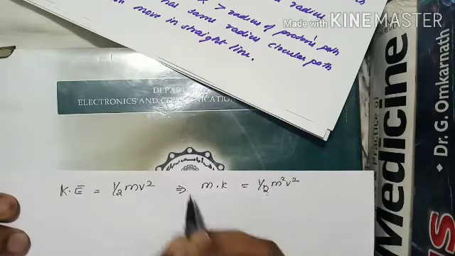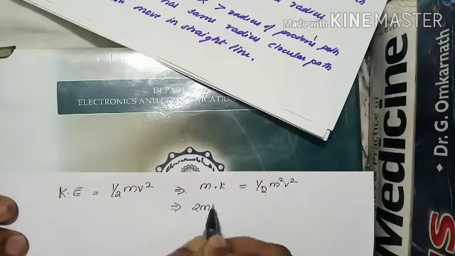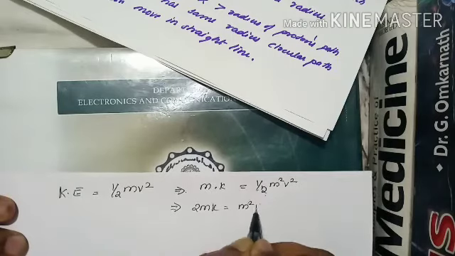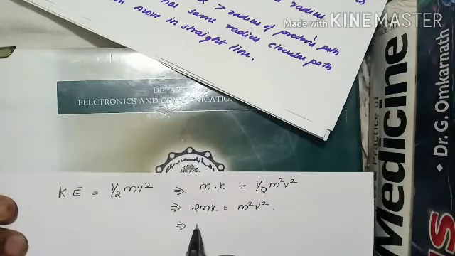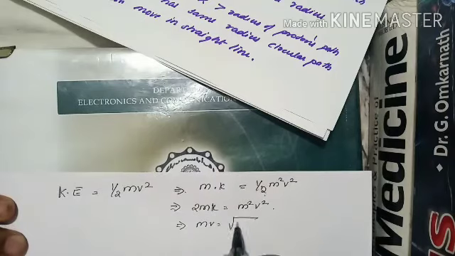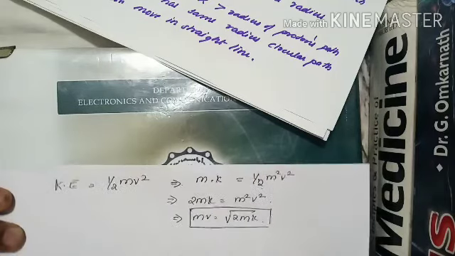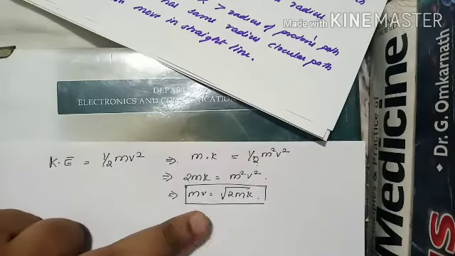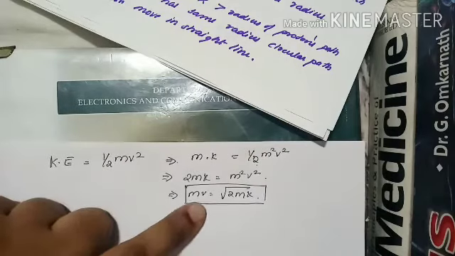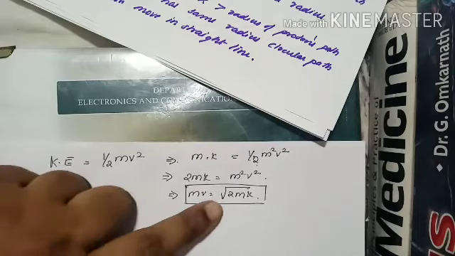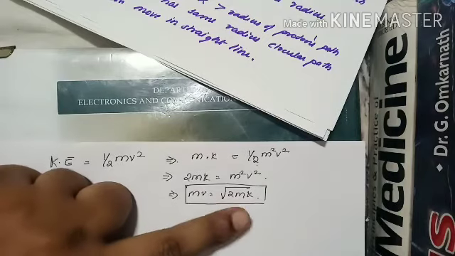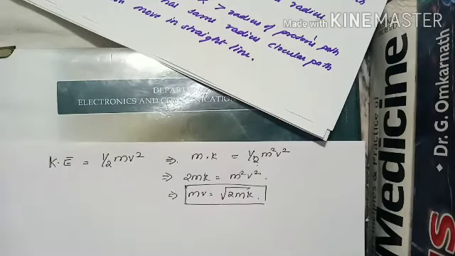So 2 goes over here, so it becomes 2mK is equal to m squared v square, or I can write mv is equal to root 2mK, right? You have written the same in momentum case, that is mv is momentum. So P is equal to root 2mK, you have learned in your +1, but I just derived it again, right?